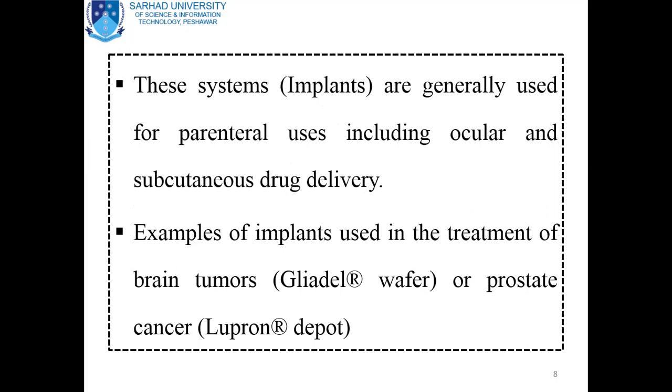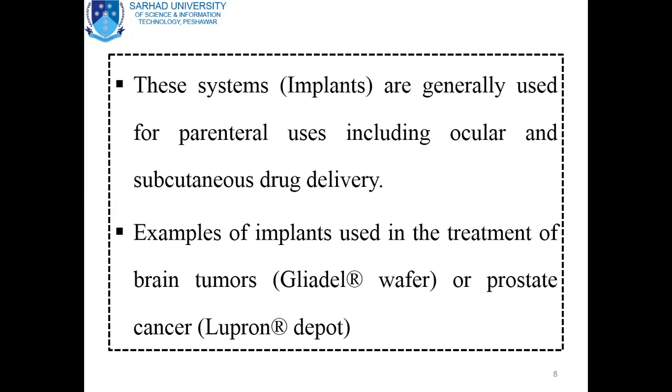These systems, that is implants, are generally used for parenteral usage, including ocular and subcutaneous drug delivery systems. Examples of implants used in the treatment of brain tumors, and the marketed drug available in the form of implants, is the Gliadel wafer.